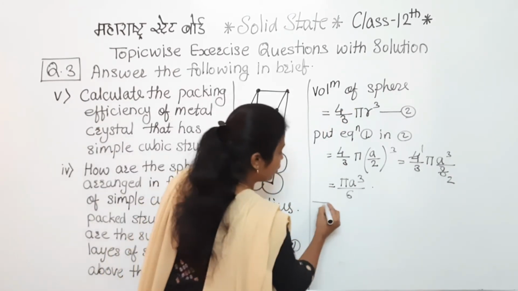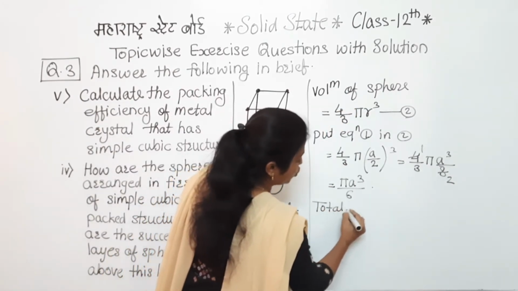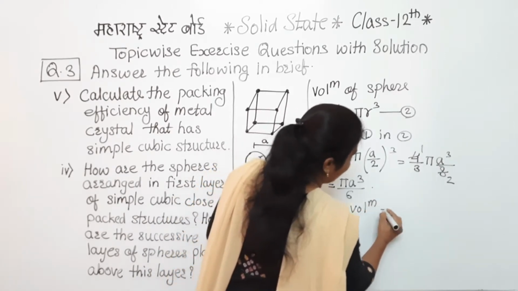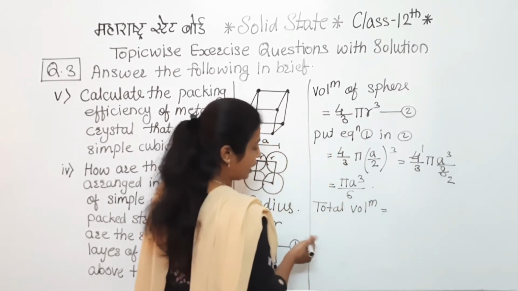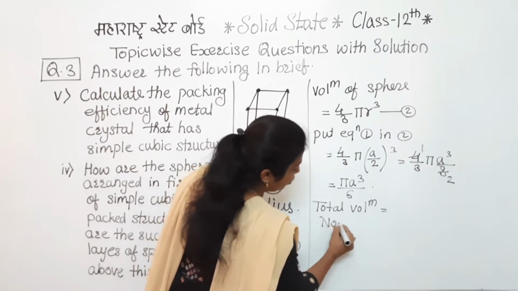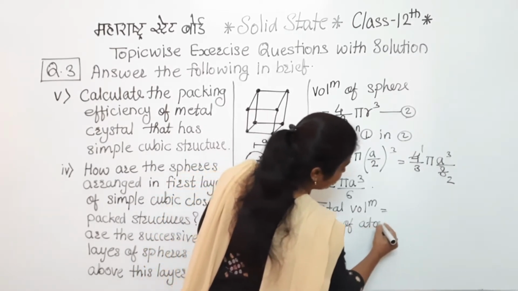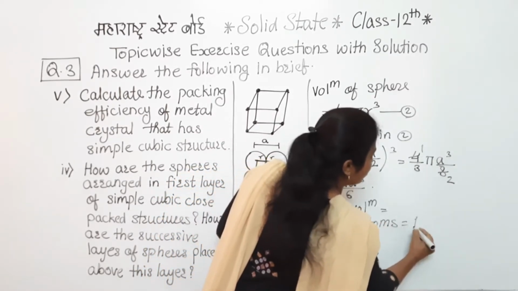Now we are going to calculate the total volume. As we know that the number of atoms for the simple cubic system is 1.